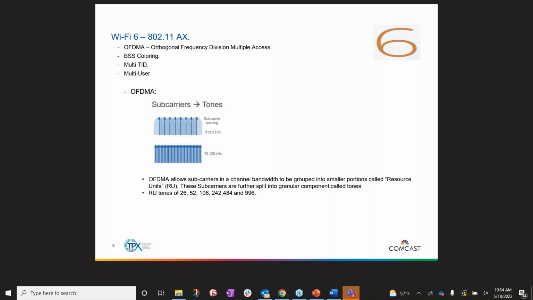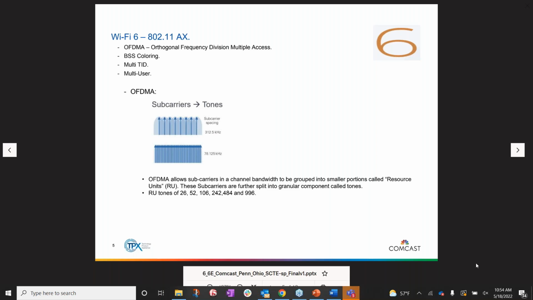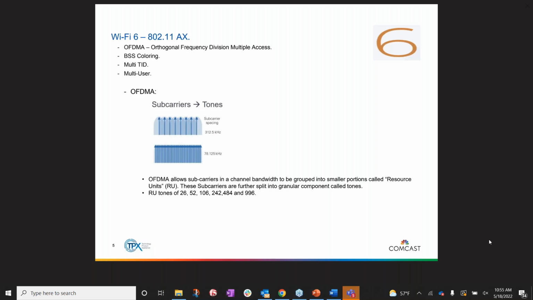So when I say the bandwidth between all these clients is being shared, that is being achieved through tones. Traditionally, if you look at the slide, we call them subcarriers up to 11AC, but in OFDMA we refer to them as tones, because each subcarrier will be divided into 4 times, and we make them into small granular subcarriers, and we pack them as a resource unit, and depending on this further splitting, we call them tones here.